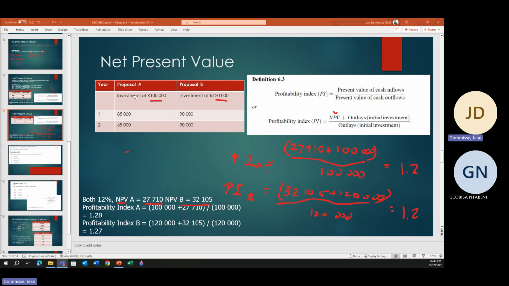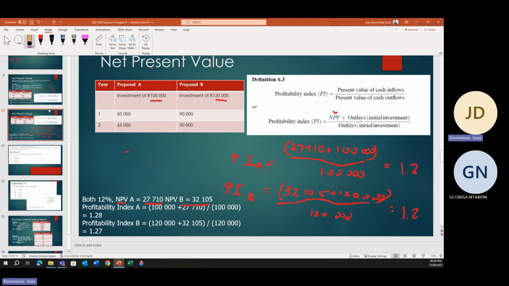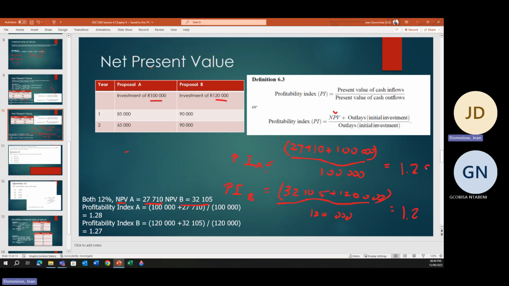Okay, so basically when we calculated the profitability index, for the first one 1.28, for the second one 1.27. In your assignments and in your exam, it will not be this close, because with one decimal, it could go either way. They will make sure there will be a bigger margin between the two that you need to choose.